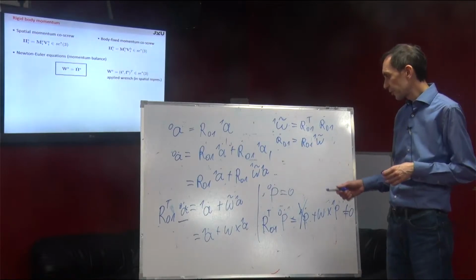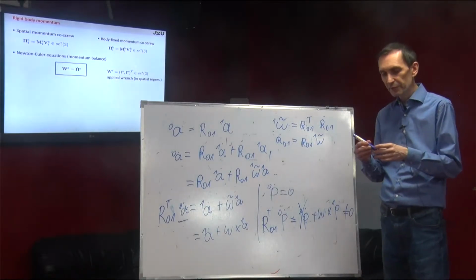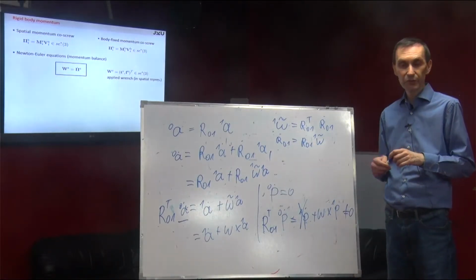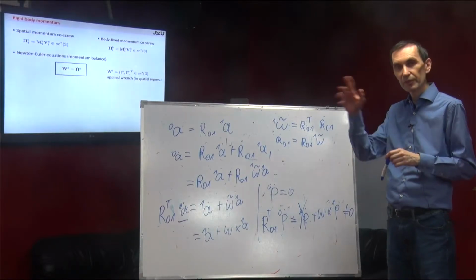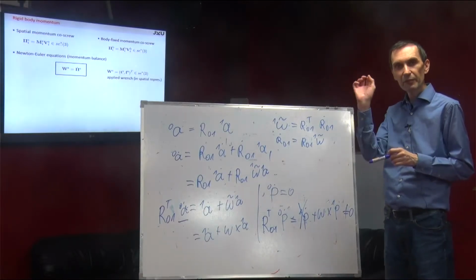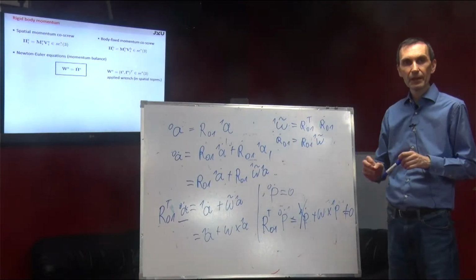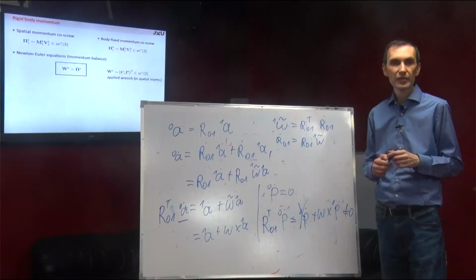So you cannot say that p time derivative represented in the moving frame is 0, even if the time derivative in the space fixed frame is 0. And that's the important point. And this is what Euler said actually in the beginning.